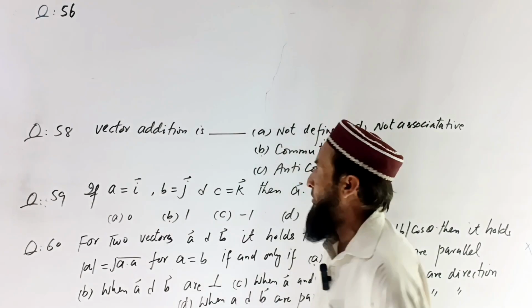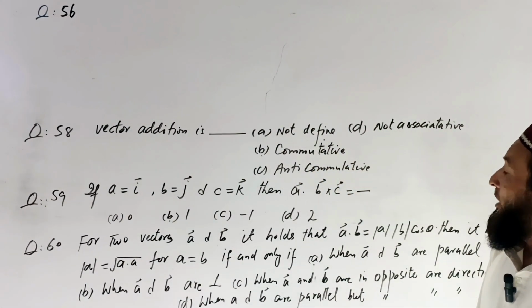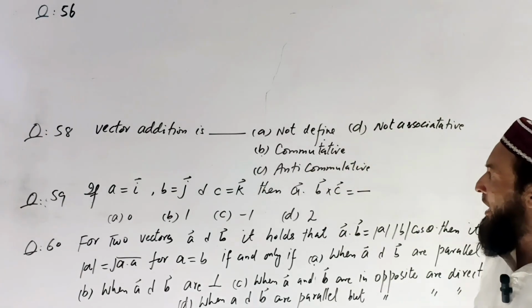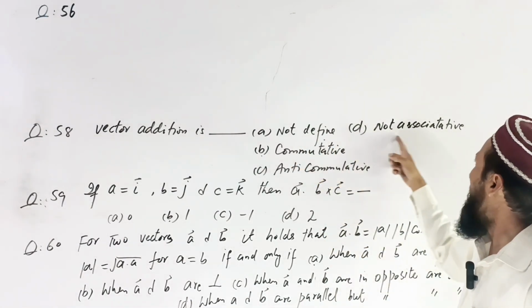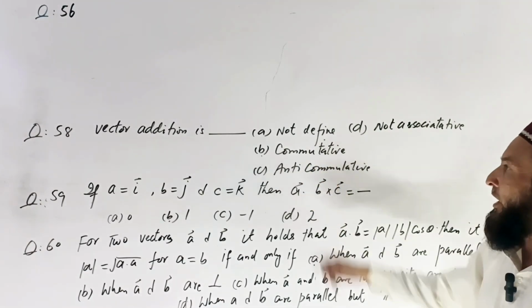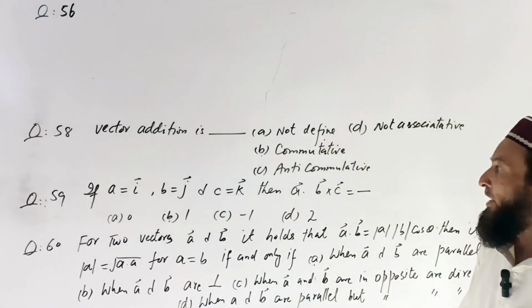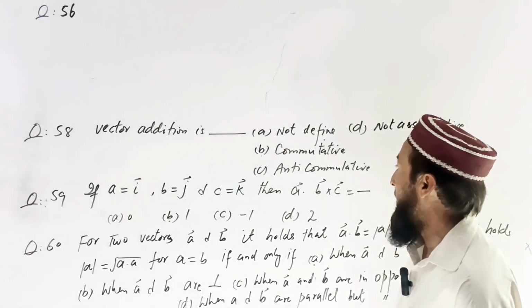Vector addition is applied just with the commutative law in this case. Not defined, not associative, commutative and anti-commutative. Anti-commutative applies to the A dot B, dot product or cross product.